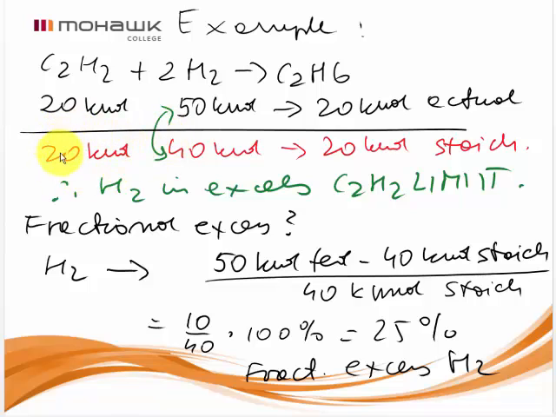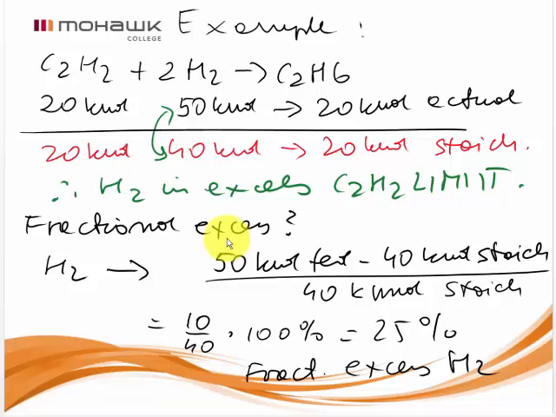So for 20 kilomoles of C2H2, we need 40 kilogram moles of hydrogen, and stoichiometrically we will produce 20 kilomoles of the product. So when we look at these two numbers, 50 versus 40 kilogram moles, we can say that hydrogen is in excess in this reactor. We have 10 kilogram moles of hydrogen more than required based on the stoichiometry. Therefore, hydrogen would be in excess.